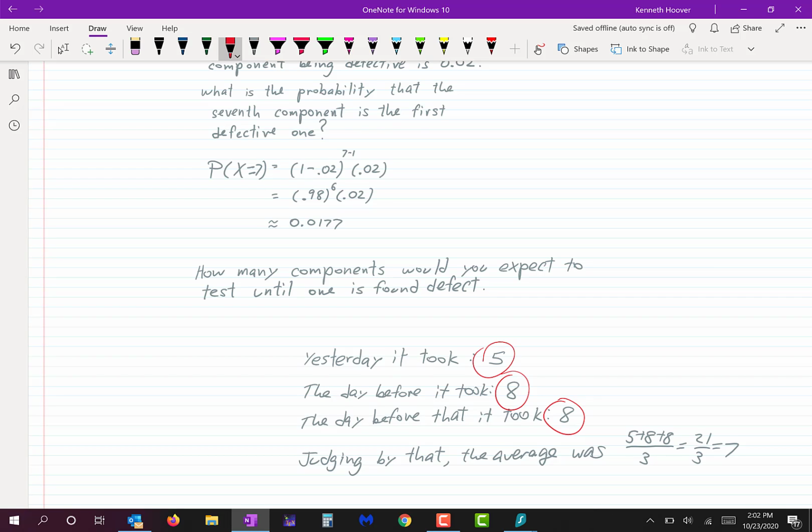Okay, the point I'm trying to make here is that the answer to this question is the average of all possibilities. Then we'll talk about how do you calculate it, but I'm just trying to get across the point that the proper way to do this question is to say, I would expect to test whatever the average is. Okay? So let's write this down.